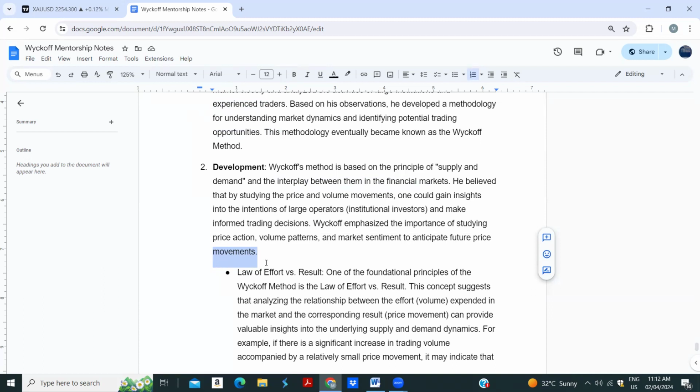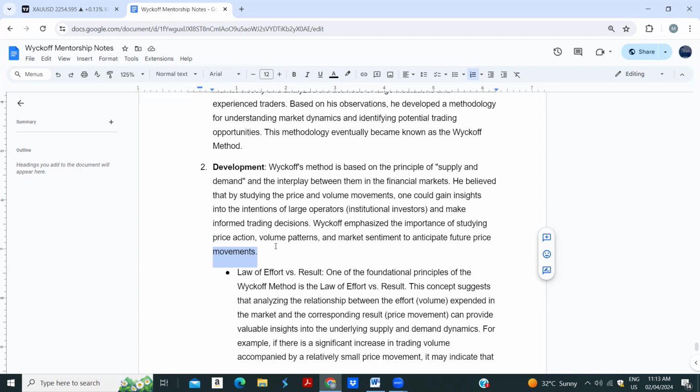He advocated the idea that if a trader understands the relationship between price movements and volume, then he can make informed trading decisions and can actually trade like large operators, because when you study the price and volume relationship, you discover the intentions of the large operators like institutional investors.